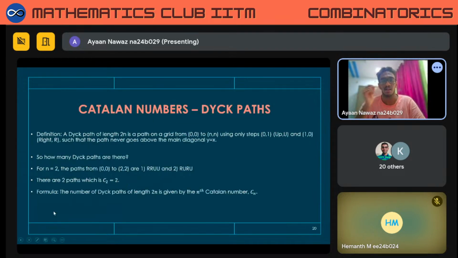So, Dyck paths. A Dyck path of length 2n is a path on a grid from (0, 0) to (n, n) using only the steps (0, 1) up and (1, 0) right, such that the path never goes above the main diagonal y equals x.